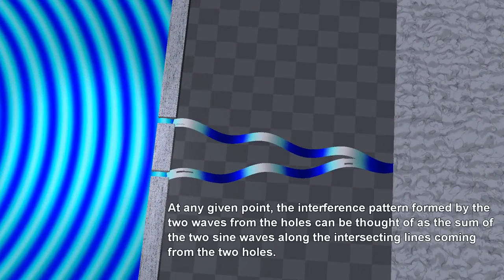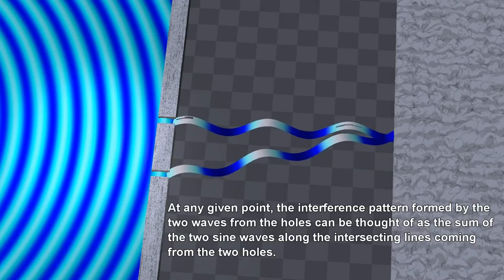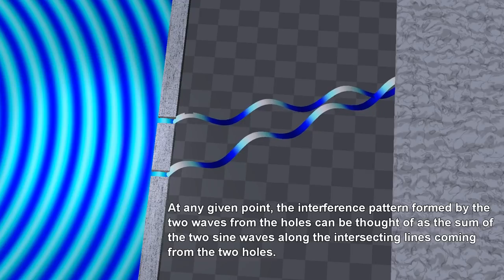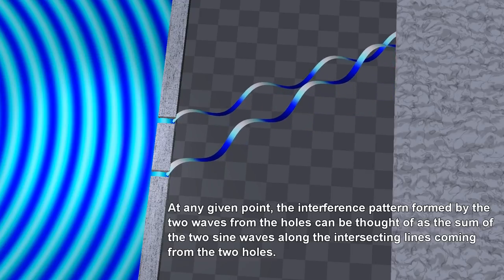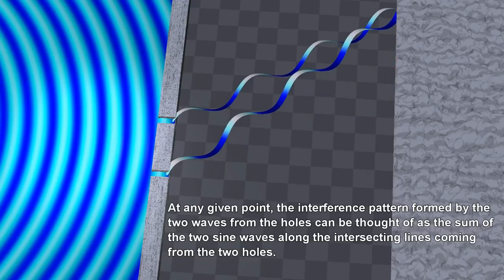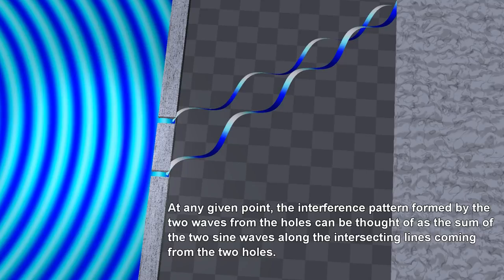At any given point, the interference pattern formed by the two waves from the holes can be thought of as the sum of the two sine waves along the intersecting lines coming from the two holes.